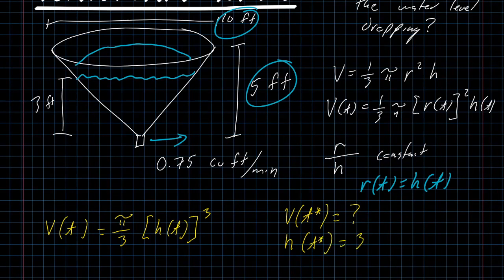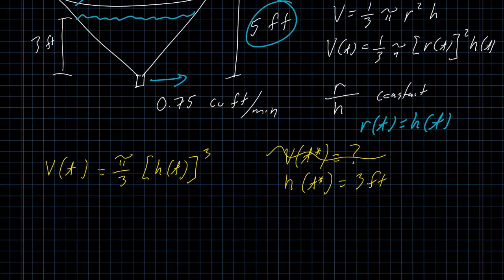It is 3 feet. I could use that to calculate what the volume is if I cared, but I don't think I need to care. So I'm just not going to worry about that. If it comes up later that I needed to care, then I will come back to that, but I don't think I need to.